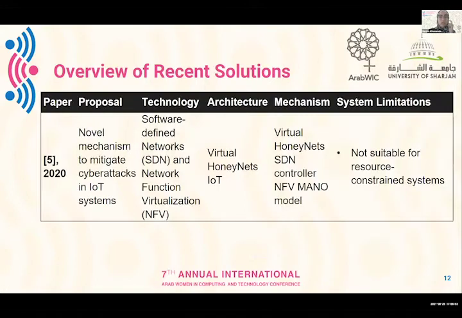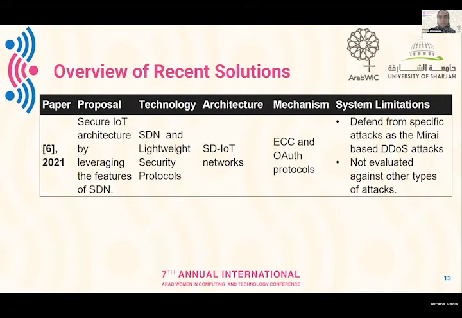We have also another solution, which is a novel mechanism to mitigate cyber attacks in IoT systems. It uses software-defined networks and network function virtualization to mitigate cyber attacks, and it applies on virtual honeypots. We have also a secure IoT architecture leveraging the features of software-defined networks. It uses lightweight security protocols to encrypt and authorize the process.